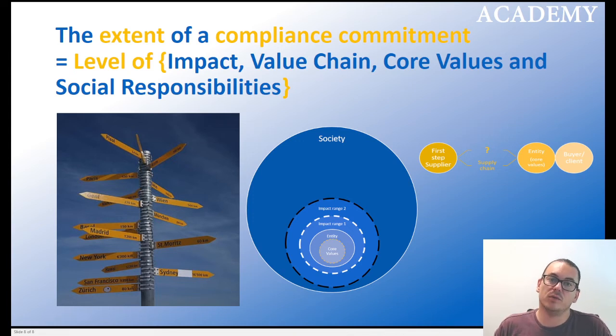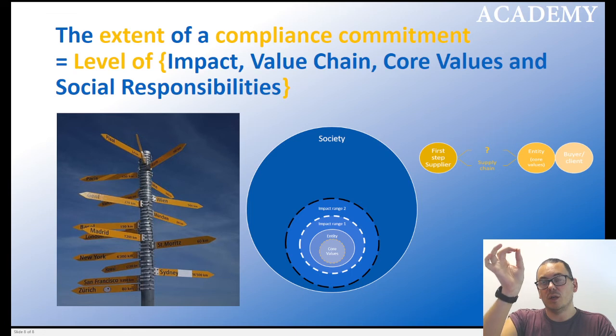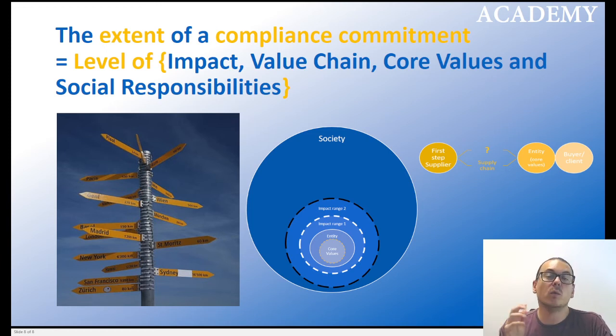And then you can argue when you've done enough, or when you're in balance of your compliance commitment. So yes, compliance is a lot, but there's also room for saying no here, because when you know your core values, when you go through this whole process of aligning all the different levels, you will also be able to take steps away from certain areas where you do not need to use your resources in terms of your compliance commitment.